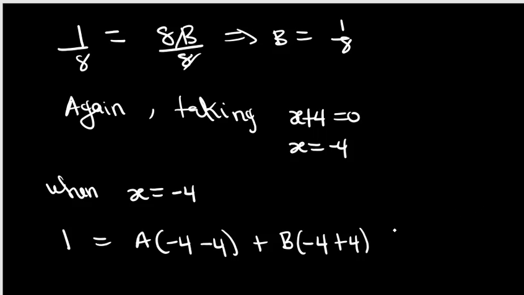So in this case, what is going to happen? We know that negative 4 plus 4 will give us 0. So 0 times b will give us 0. Plus this side, negative 4 or minus 4 minus 4 will give us minus 8 times a. And that will give us minus 8a, is equal to the 1.